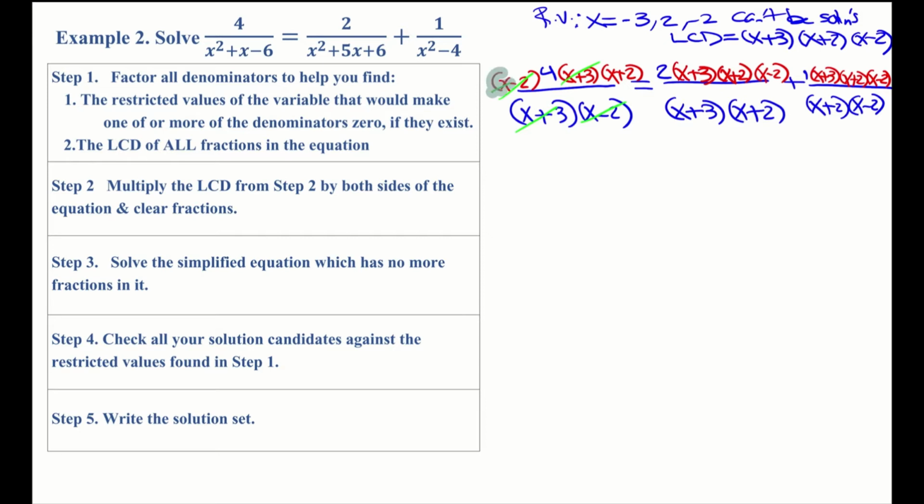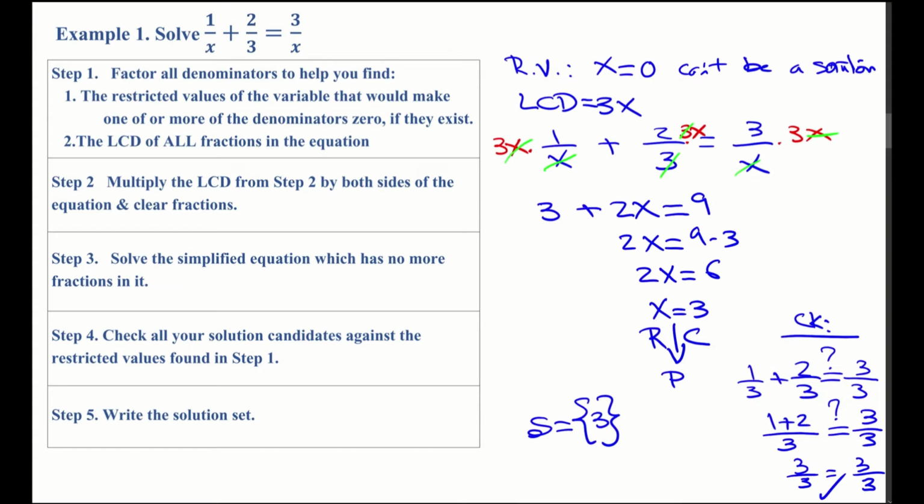All right, now on the first term on the right side, we notice that we can cancel the x plus 3's and the x plus 2's. And on the final term, we can see that we can cancel the x plus 2's and the x minus 2's. Those are binomial factors. They're perfectly legal to cross-cancel because they are factors.